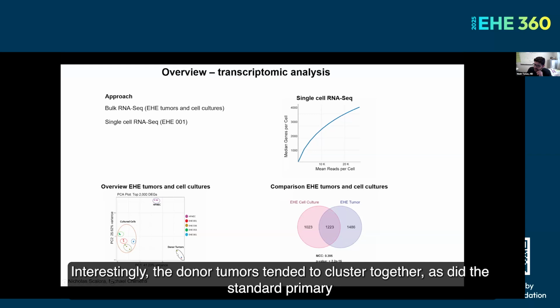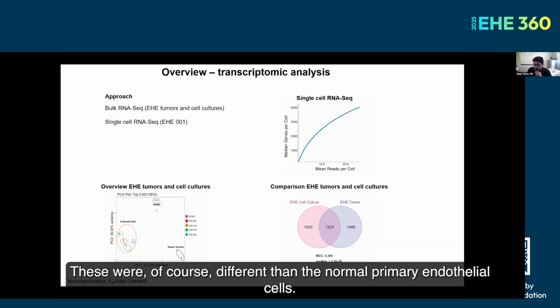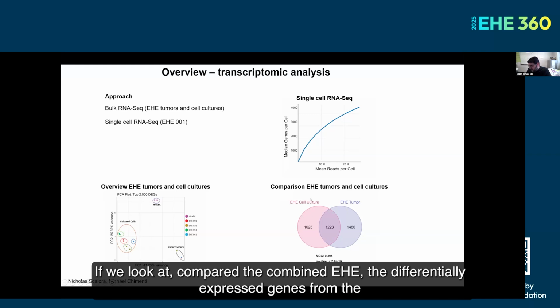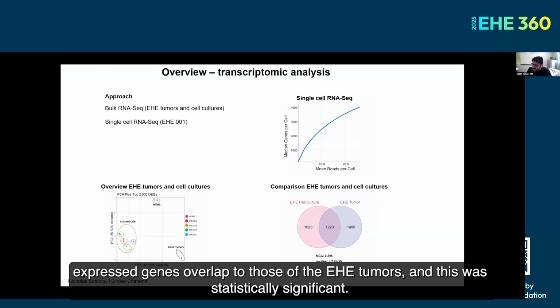Interestingly, the donor tumors tended to cluster together, as did the extended primary cell cultures, and these were, of course, different than the normal primary endothelial cells. If we compare the differentially expressed genes from the EHE tumors and cell cultures, though, you'll see that approximately 50% of the differentially expressed genes overlap with those of the EHE tumors, and this was statistically significant.